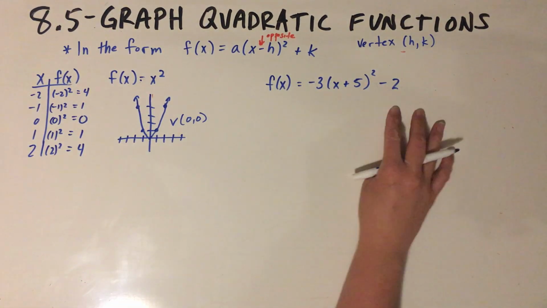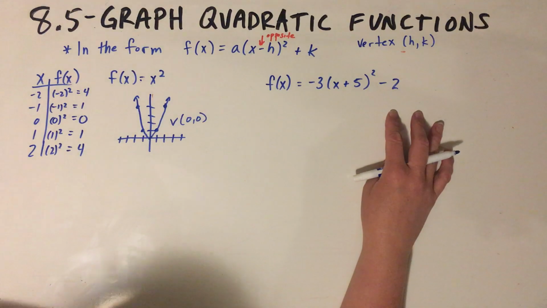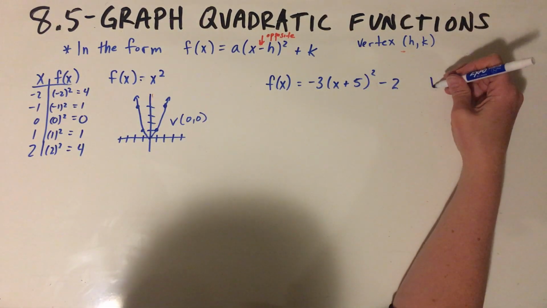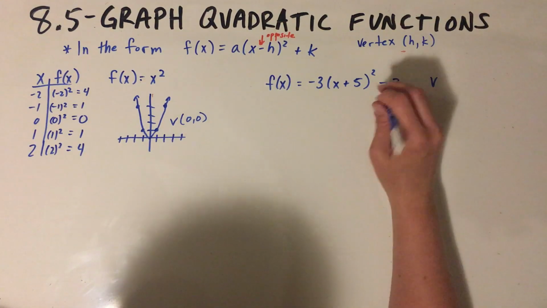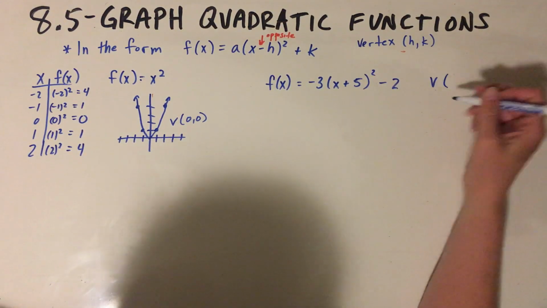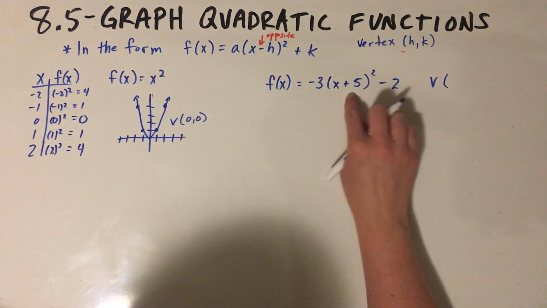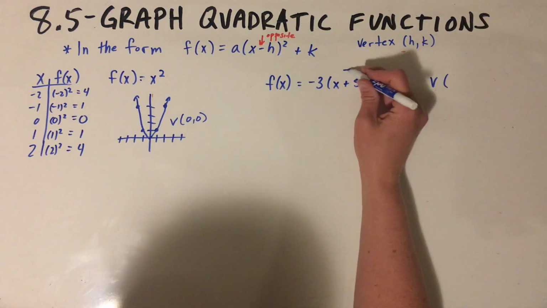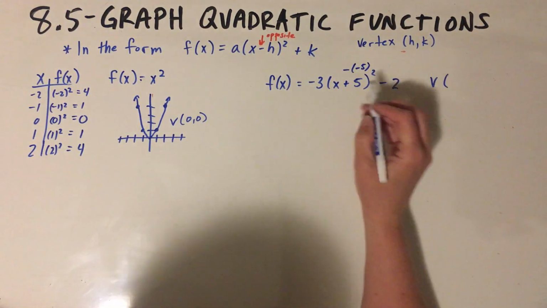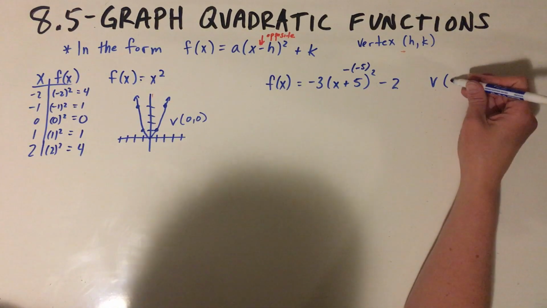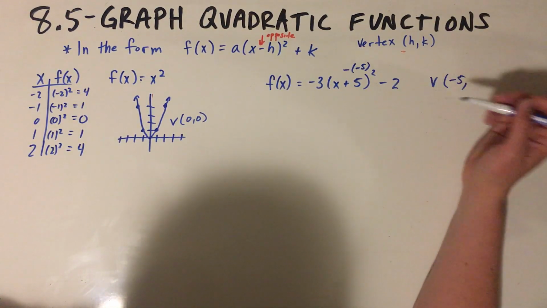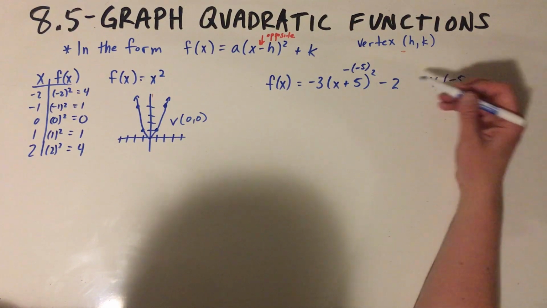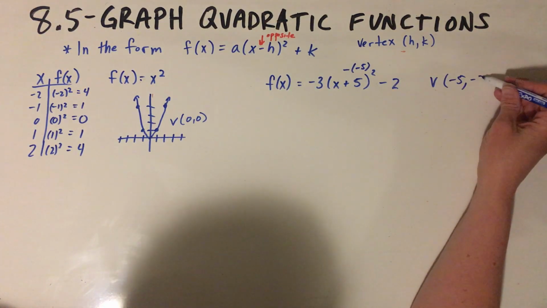Well, we know what we need to do is we need to figure out several things. First of all, we need to figure out what is the vertex of this parabola. Well, the vertex, or the x value, is going to be whatever you would plug in right here to make this 0. But really it's the opposite. So the opposite here is -5. Okay, and then this is -2. So this is going to shift down 2.